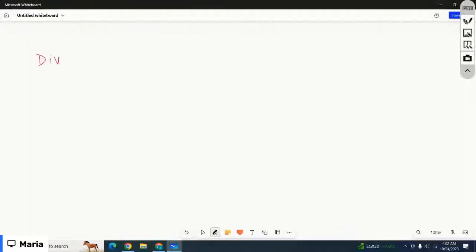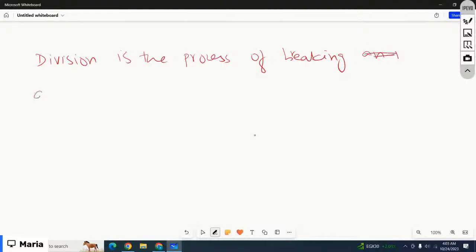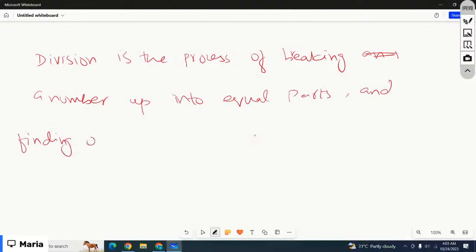So, division is the process of breaking a number up into equal parts, and finding out how many equal parts can be made.